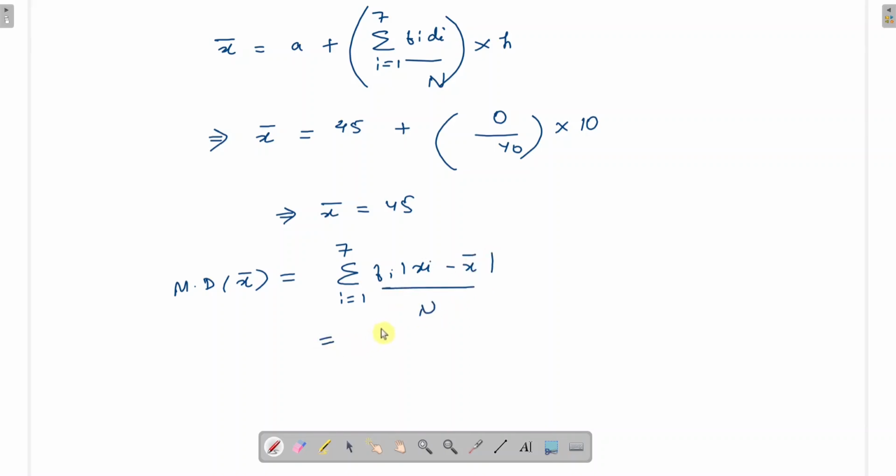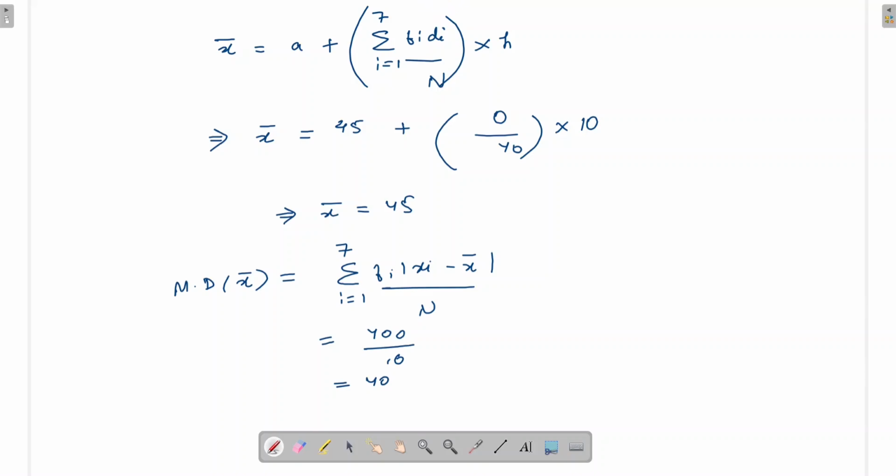So that is nothing but 400 divided by n, that is 10. Okay. So that is nothing but 40. So this method is only for calculating the mean in a faster way, you can say. Okay. Rest all the steps are same.